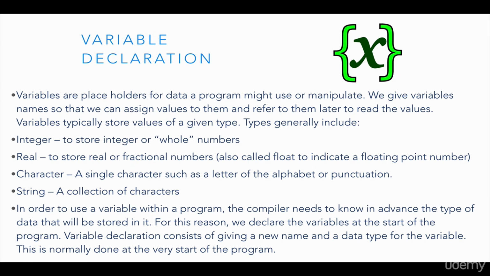So in Java, in order to actually create a variable, first we need to give our variable a data type, for example, an integer, a float, character, a string, double, okay, a data type, first a data type.